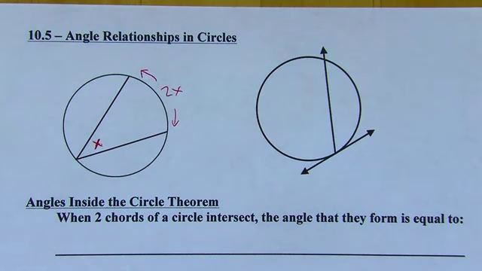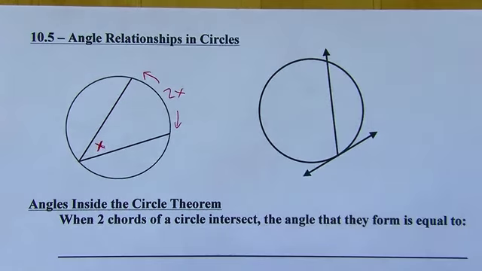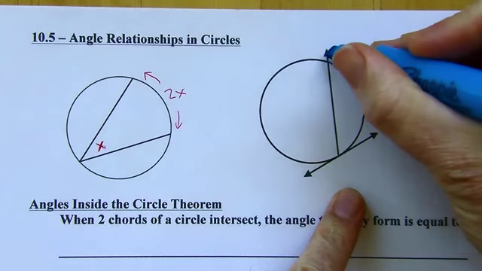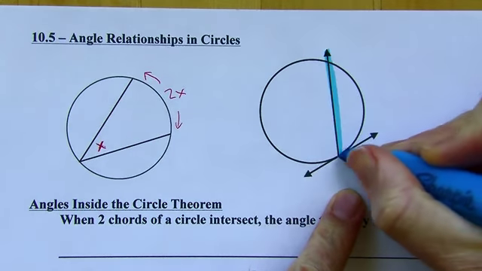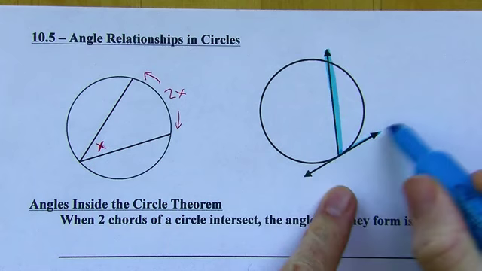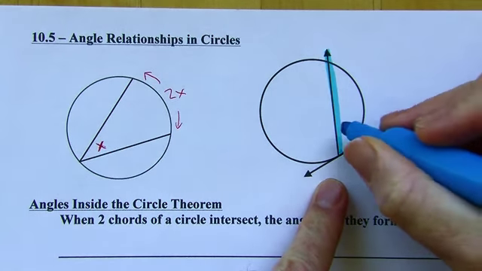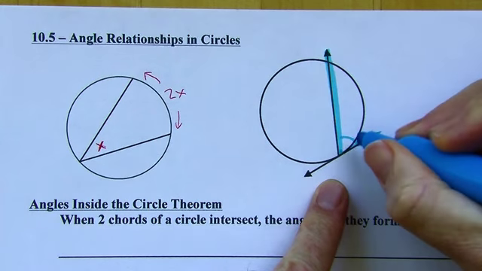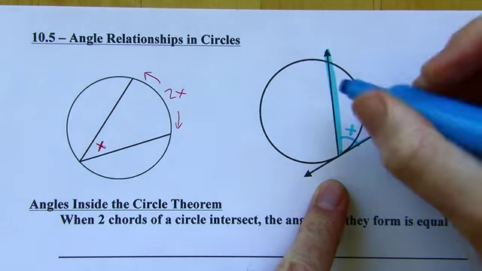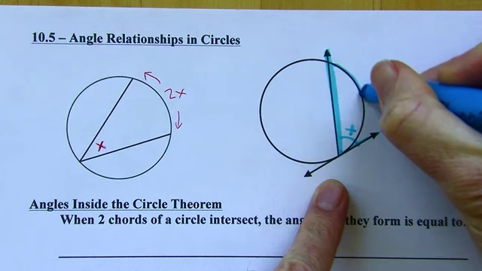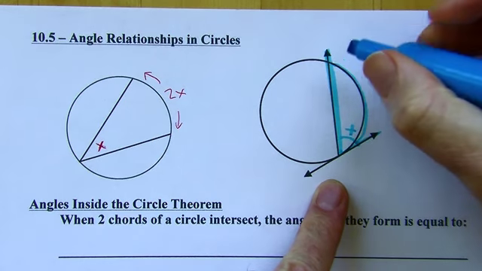Okay, that same kind of relationship is going to hold true in this scenario. This angle right here is not an inscribed angle because one of the rays is outside of the circle. But if we call this angle x, the arc that it intercepts right here is going to be 2x.